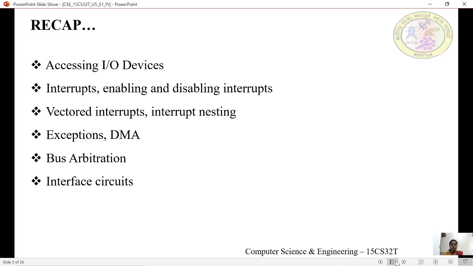Then exception, direct memory access, bus arbitration, and finally interface circuits. So these are the topics which were previously discussed. I hope you all understand these concepts very well.